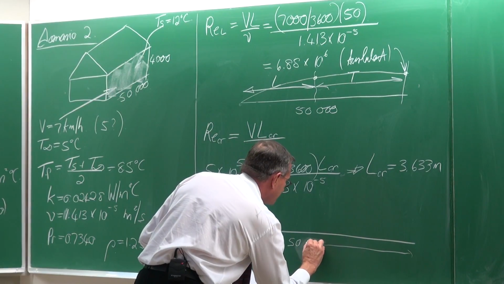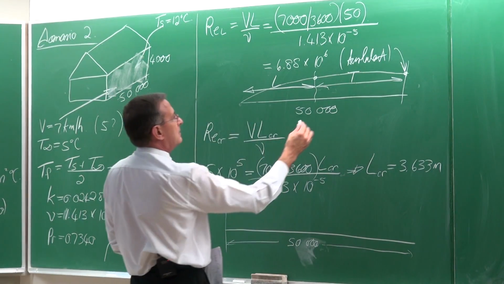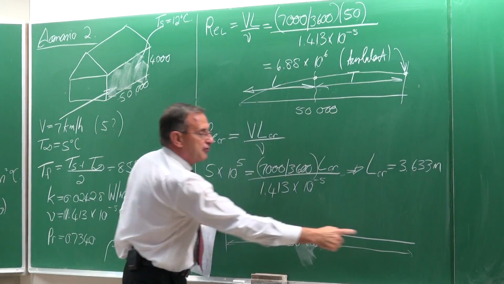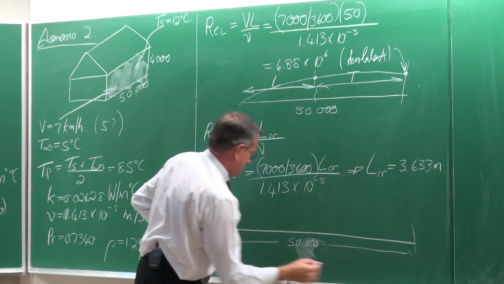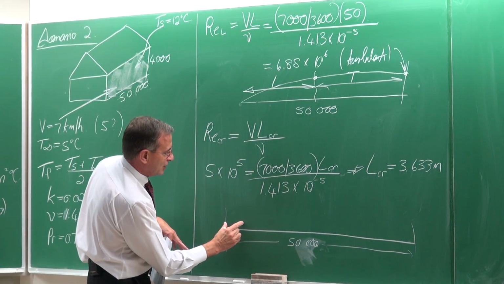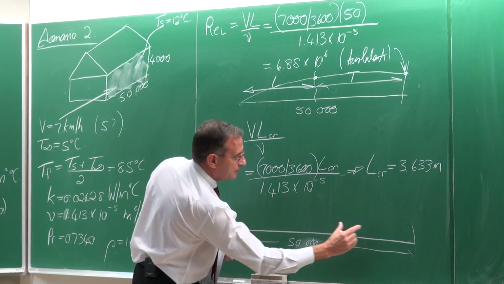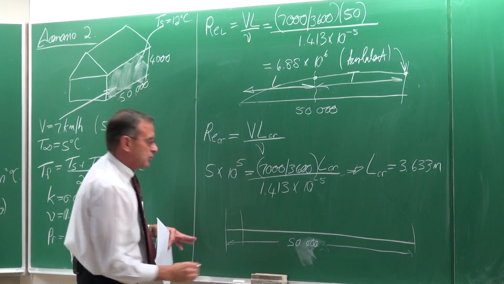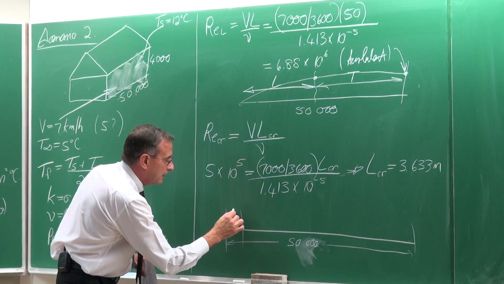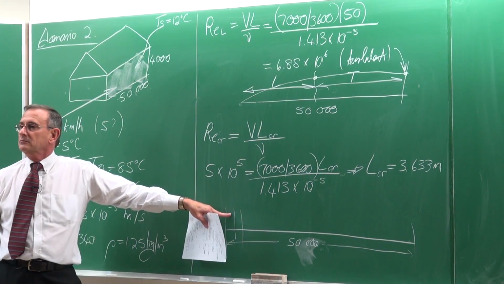So it's 50,000 millimeters. On a length of 50 meters, 5 meters will be about 1/10 of this length. Do you agree? So 5 meters will be about there. If we plot it by scale, 3 meters will be approximately there.